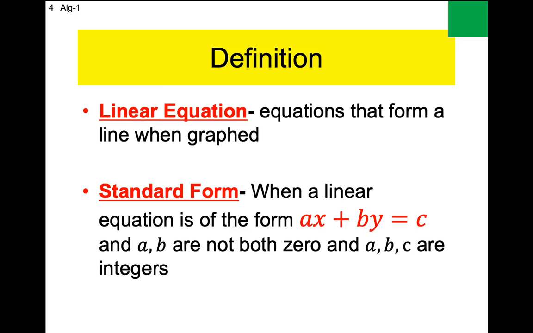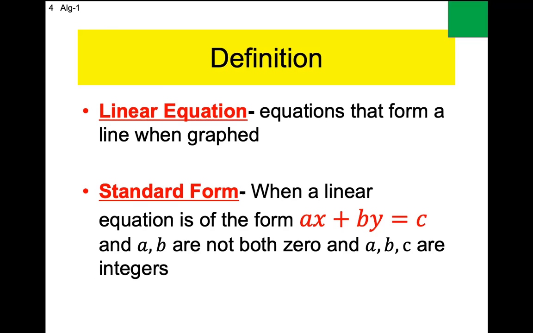If there's a fraction, we clear the fraction. If it's a decimal, we clear the decimal. But A, B, and C are all going to be integers, friendly numbers. Further, A can be 0, B can be 0, C can be 0, but A and B cannot both be 0. If that's the case, you have it in standard form.